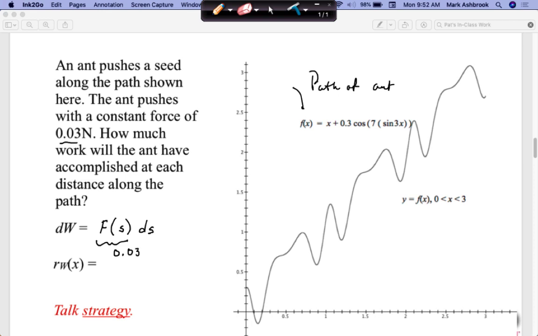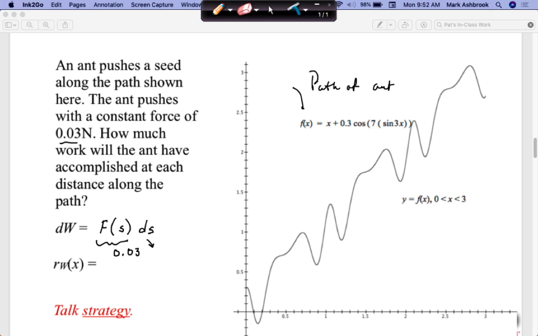So all we have left to do is ds, but our goal is a rate function in terms of x. So how do I get that? A little bit of work is moving along the path a little bit. How do I get that in terms of dx? You just apply what we've learned. What is ds?